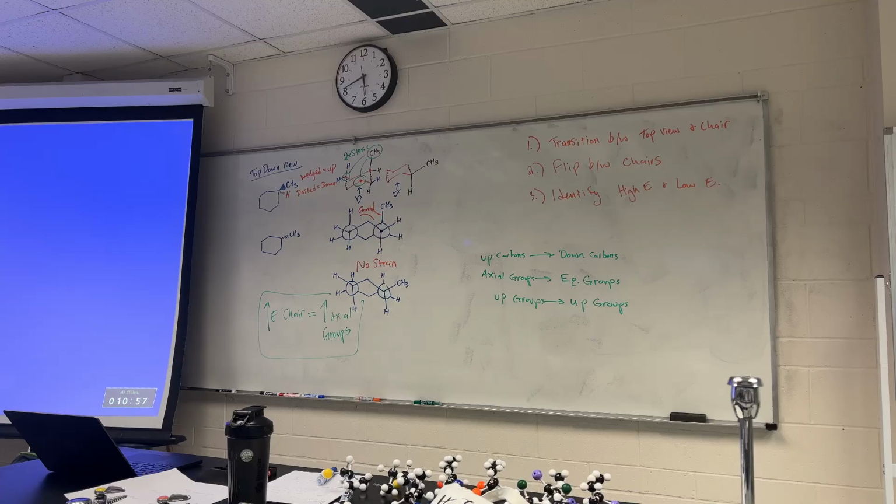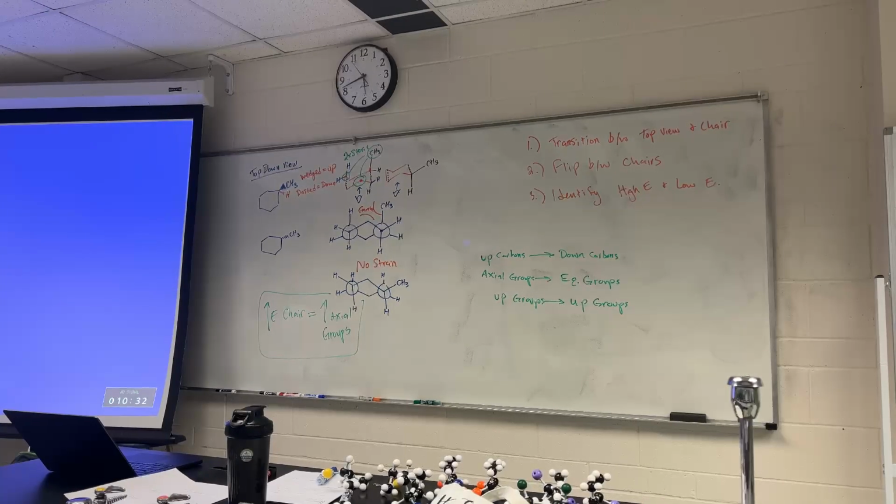What group goes here? OH. Good. Is this a down OH group or an up OH group? Would you say that you're going towards the bottom of the page by following this line, or the top of the page?